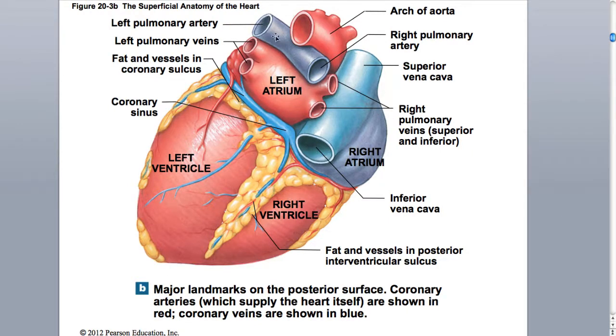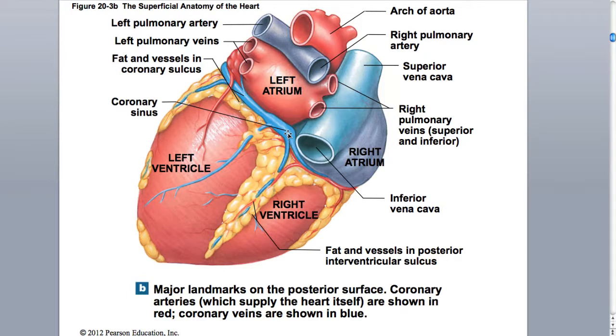These are now the 2 arteries. Last time you could see one, and now I'm showing you both of them. So we have the left pulmonary artery, the right pulmonary artery, both of them leading to the lungs, and they're deoxygenated. Now the heart itself has its own circulation, we'll see, and you see this area right here, again a groove, therefore it's a sulcus, and then you see this thing right here called coronary sinus.